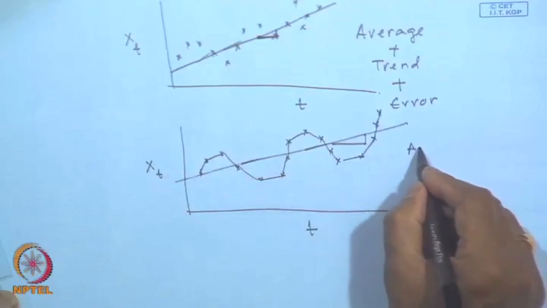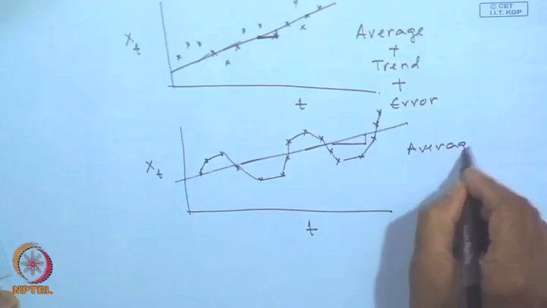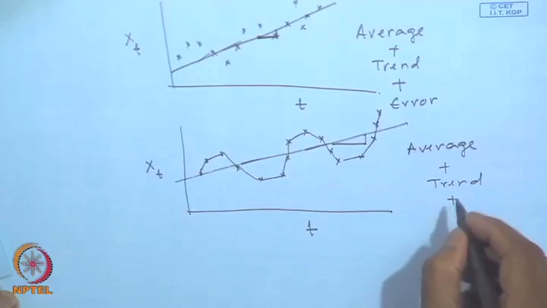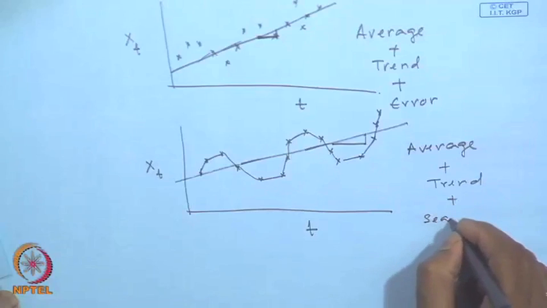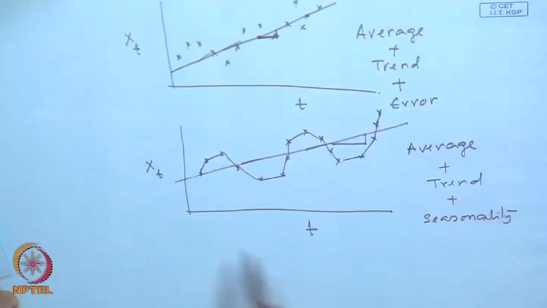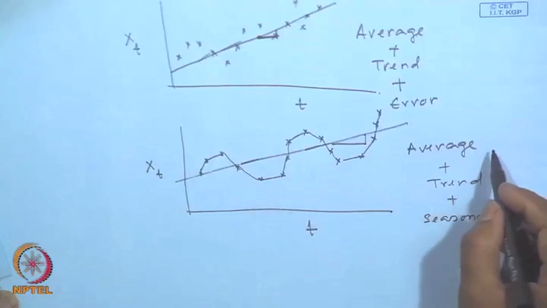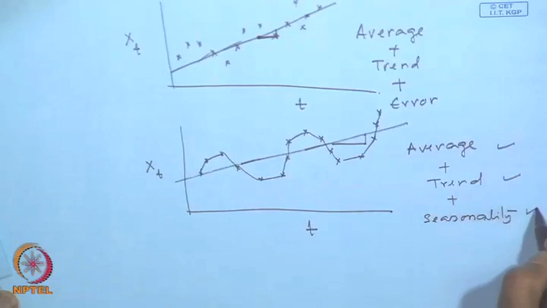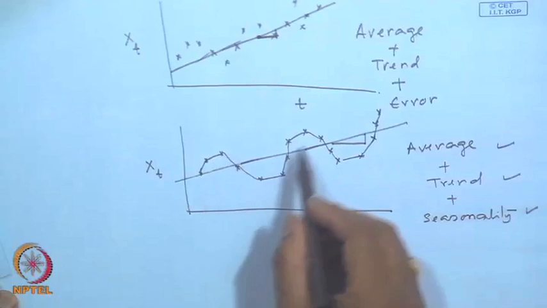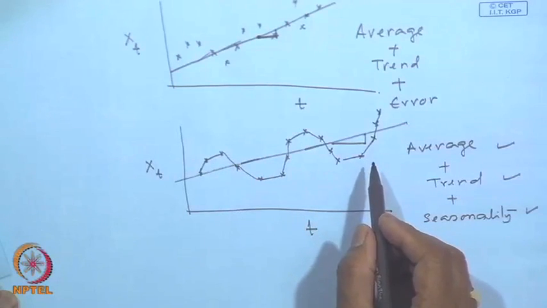So, this has average plus trend plus seasonality. Seasonal products like fans, air conditioners will show average, trend and seasonality, but it is unlikely that there is no random error present.